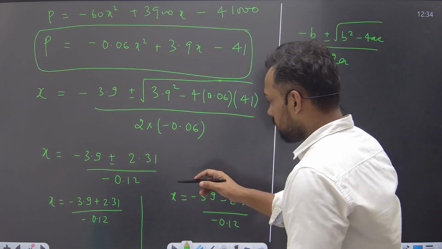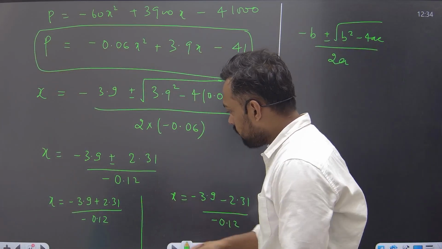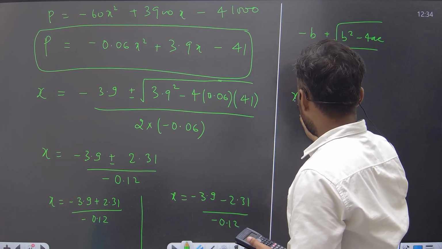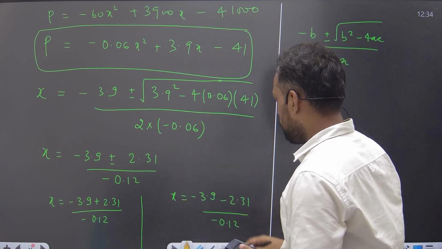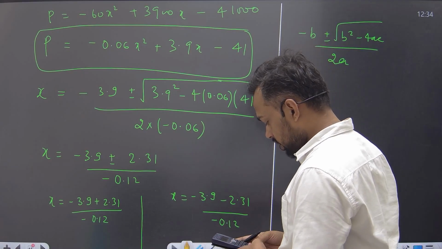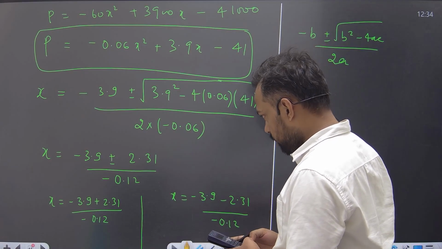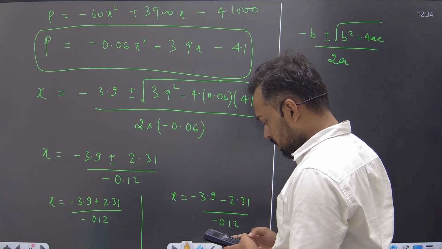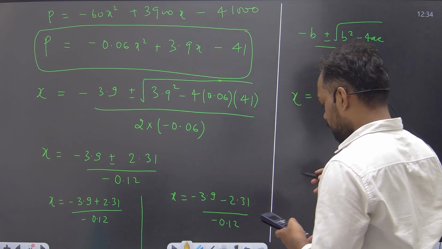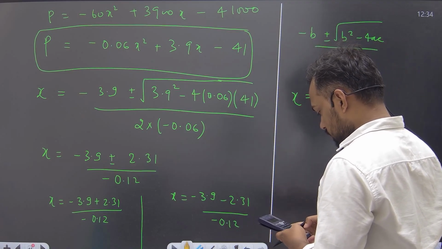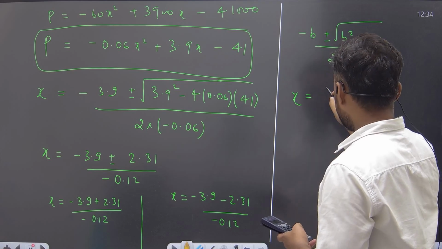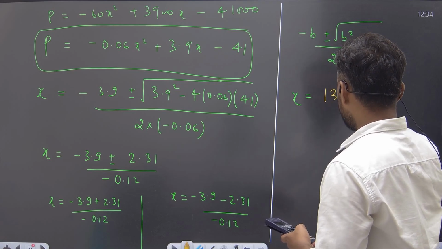So from here the value of x will be, I'll do it here, students: minus 3.9 plus 2.31, that is minus 1.59, upon minus 0.12, which equals 13.25.